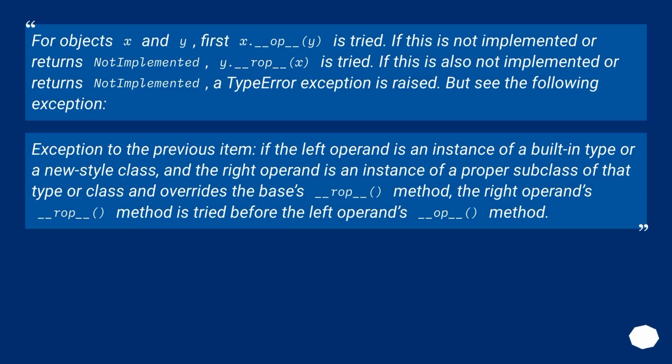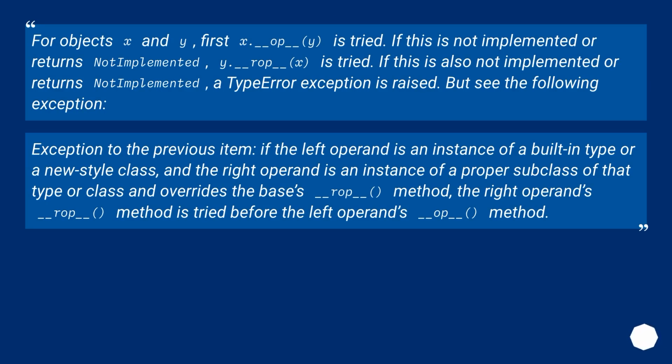For objects x and y, first x.__op__(y) is tried. If this is not implemented or returns NotImplemented, y.__rop__(x) is tried. If this is also not implemented or returns NotImplemented, a TypeError exception is raised. But see the following exception.